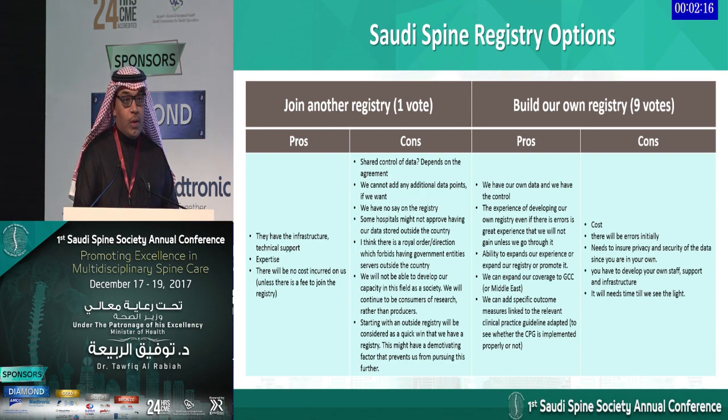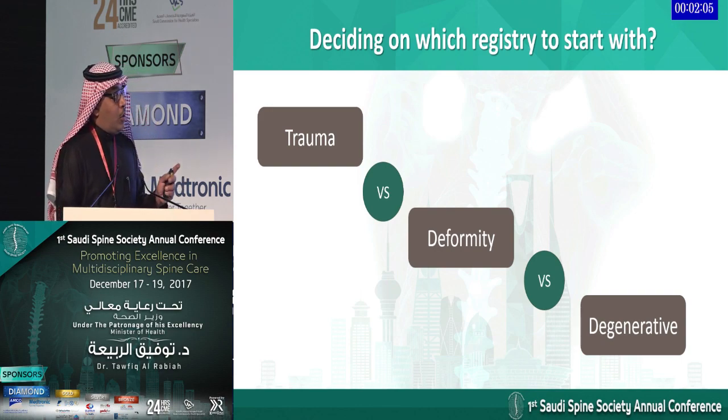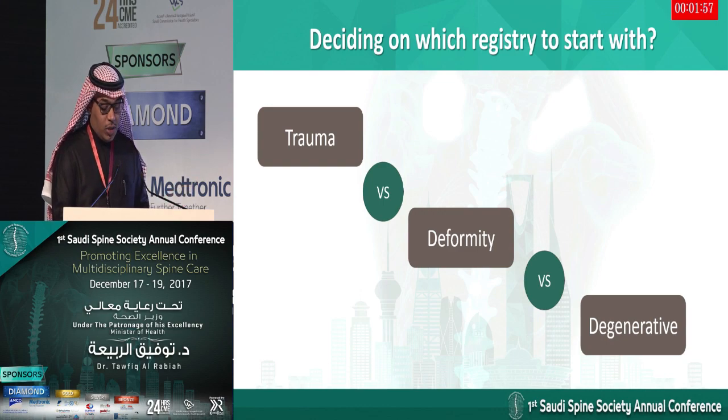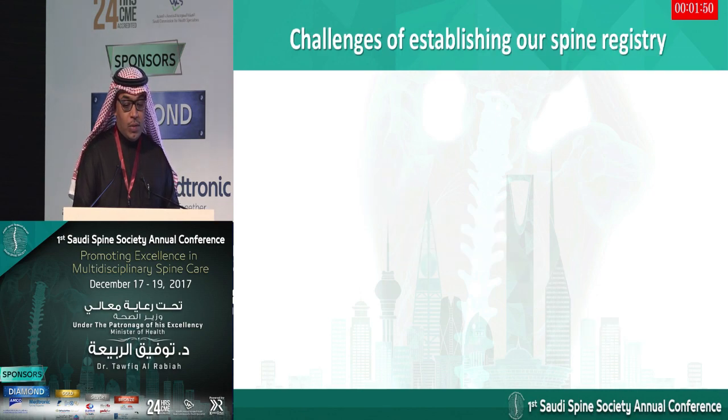We don't need to go through them, just for you to appreciate how meticulous the decision-making process of the task force is. Again, the group is split between should we start with trauma, deformity, or degenerative. I would say it's 50-50 between the deformity or degenerative registry. We haven't decided yet, but that will be communicated with the group soon.